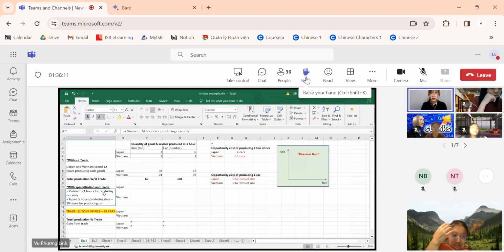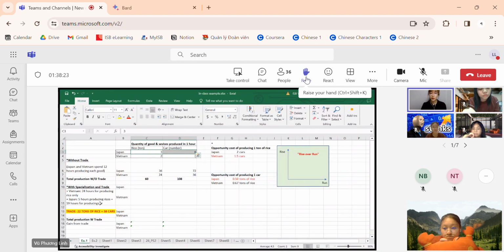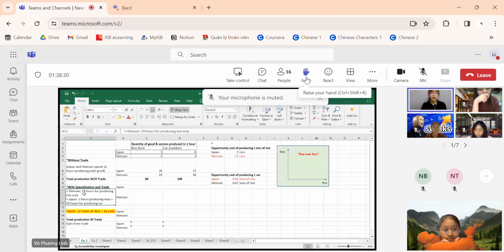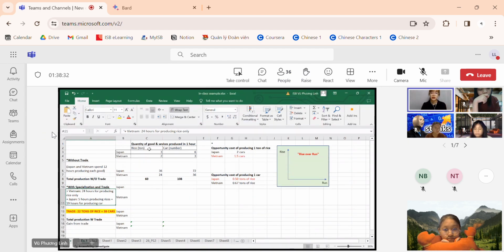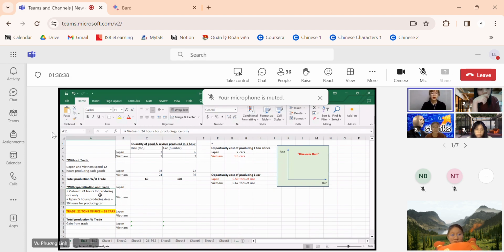Japan will spend more hours on cars, because previously they were good at both rice and car production. But now they know their comparative advantage, so they will spend more hours on cars and maybe 5 hours on rice. Vietnam was previously not good at anything, but now we know our comparative advantage, so we will focus on rice only: all 24 hours for rice production.